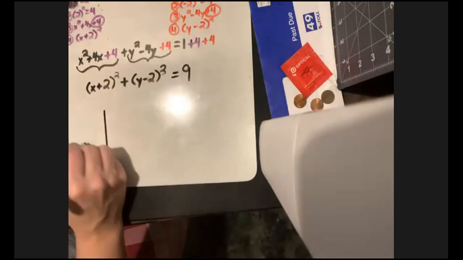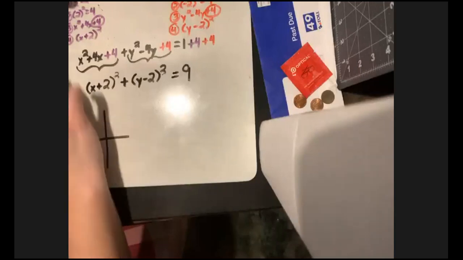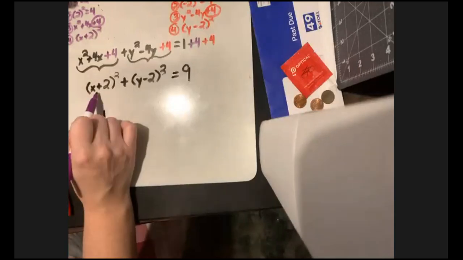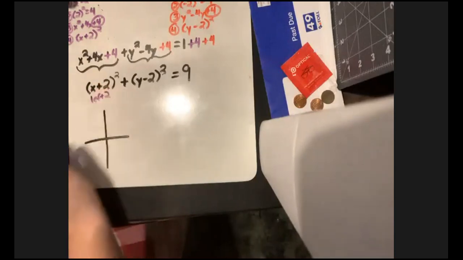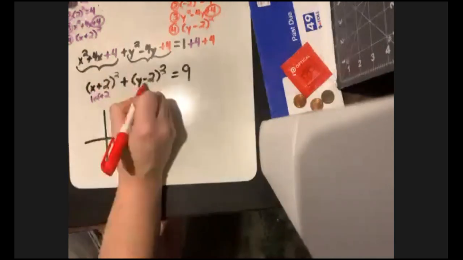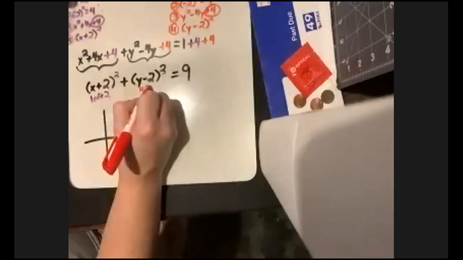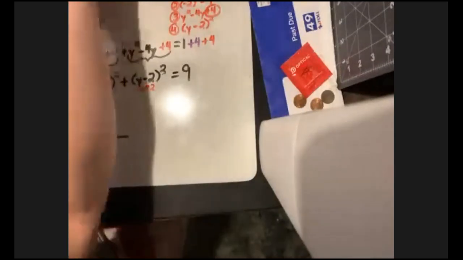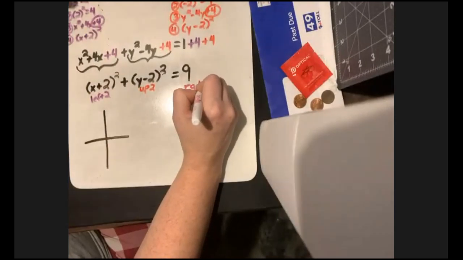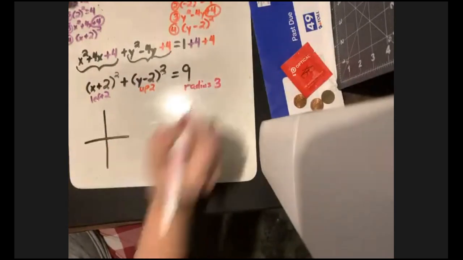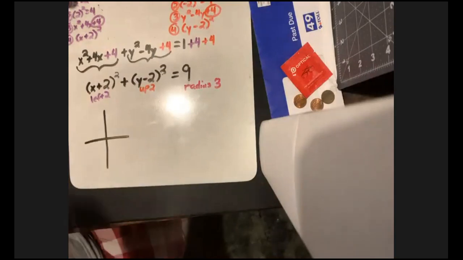So if I had to go graph this, normally I think plus is right. So I went left 2. Normally I think minus is down. So I went up 2 because again, it's opposite. My radius is going to be 3 for this one.